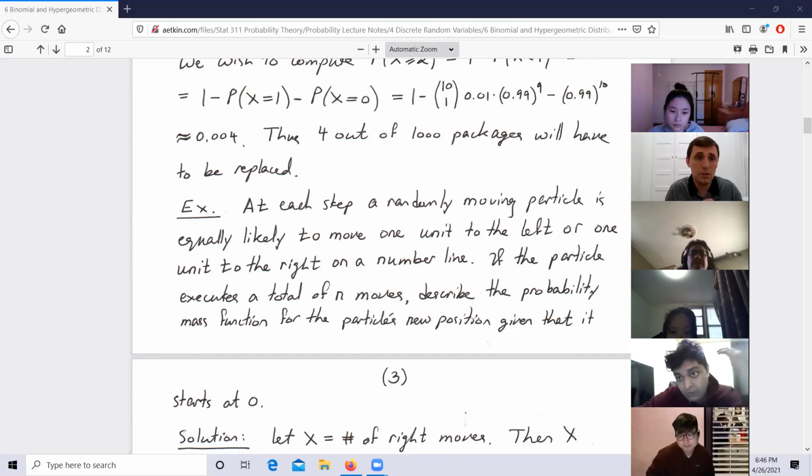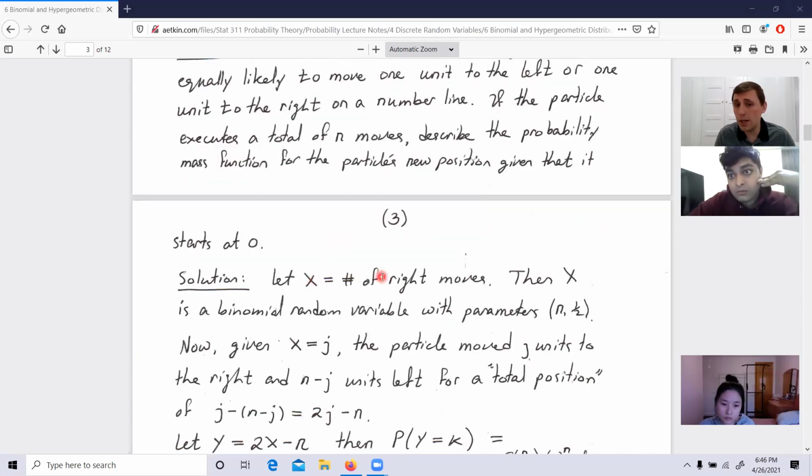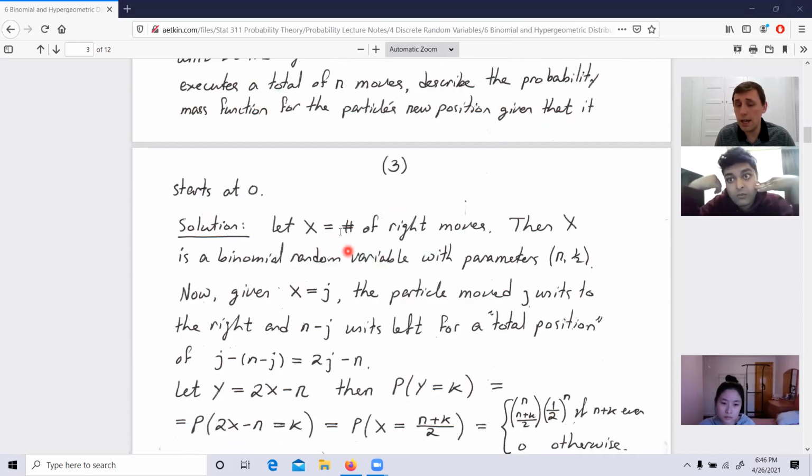So how to describe those positions and the probability of being at those positions is what I'm interested in. Now I decide to pick X to be the number of right moves. Do you agree? X is the number of right moves executed. So X, the total number of moves to the right, is binomially distributed with parameters n and 1/2. This means the number of trials.